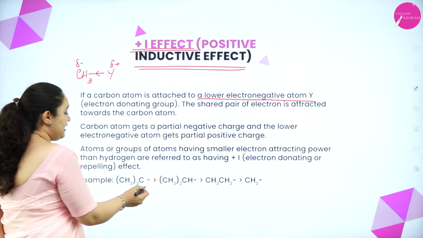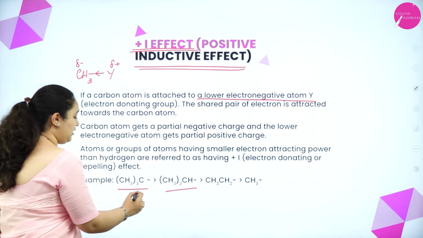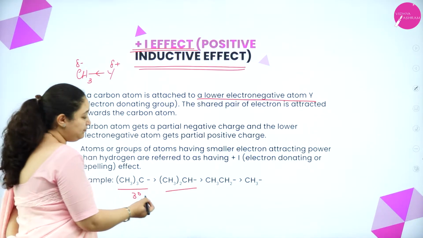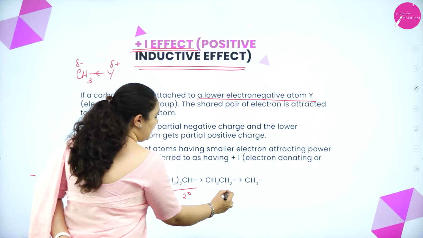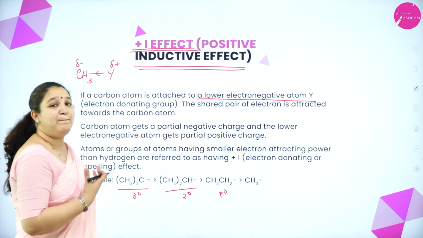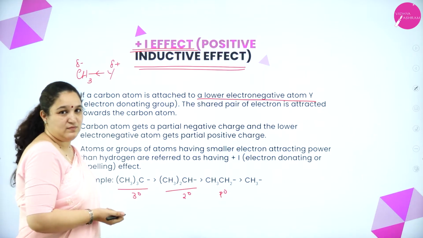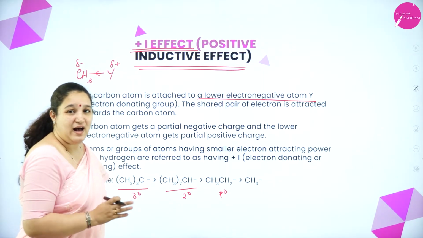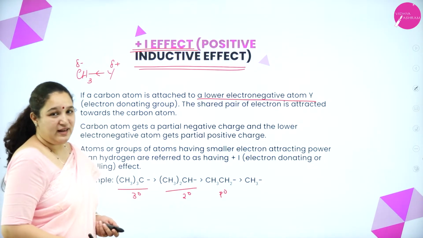I can say CH3, that is tertiary carbon carbocation, or tertiary carbon atom, then secondary carbon atom, primary carbon atom, or the methyl group. All of them have a plus I effect. They push the electron away from themselves, then we call them plus I effect. Okay, so that's about the plus I effect.